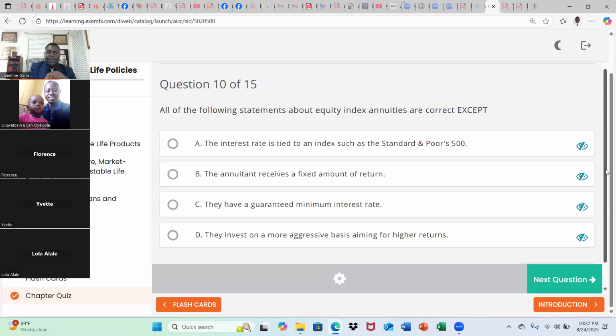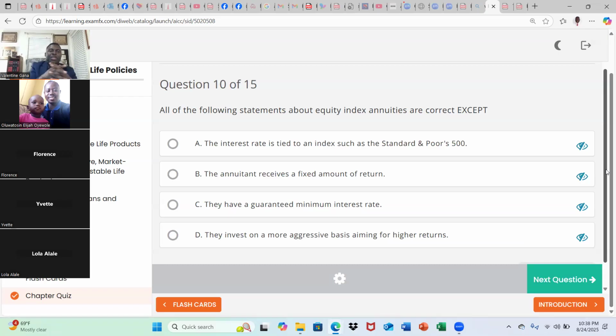Let's go to, he says they have a guaranteed minimum interest rate. Is that true? And the answer is yes. Equity index annuities have a guaranteed minimum interest.